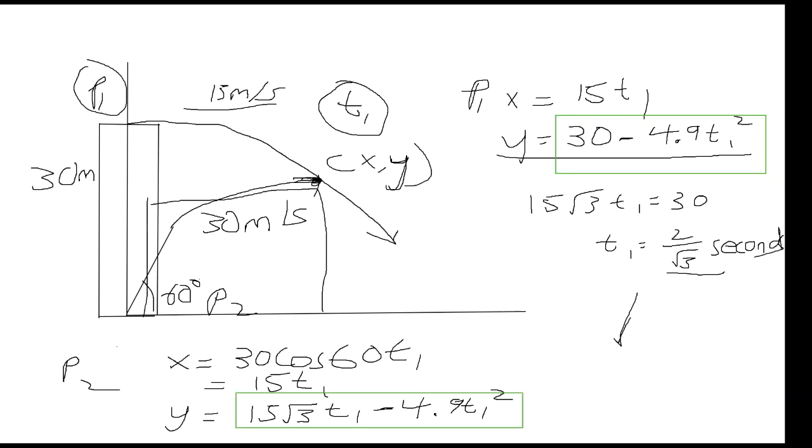If X was 30 on root 3, you'd simplify it, it would be 10 root 3. Gina, for all your answers, you have to slap a T on the end, because the equation for X should be the speed multiplied by time.